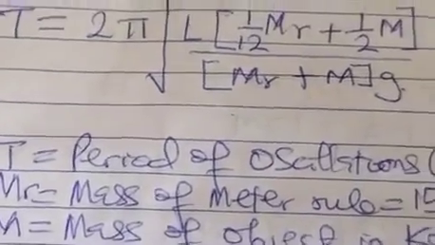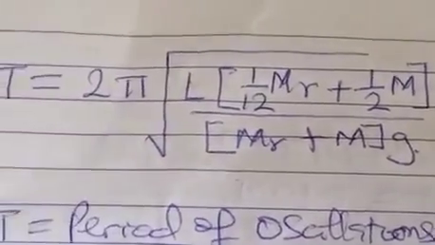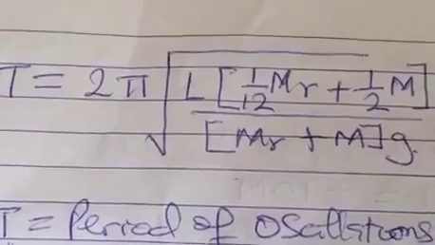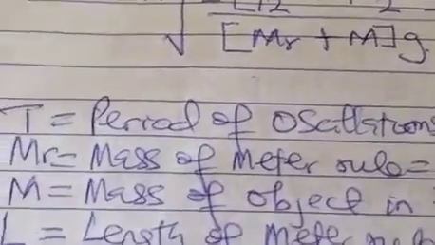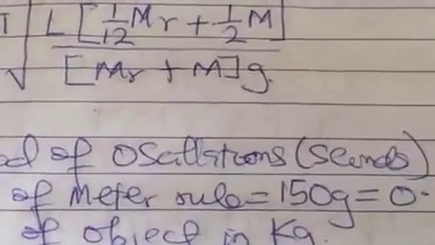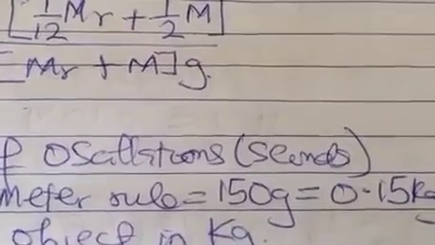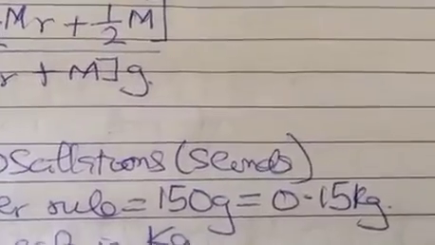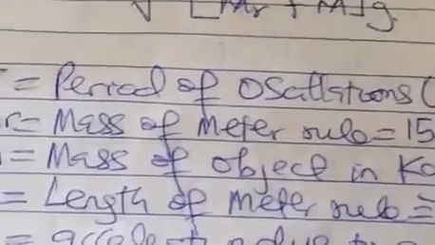So capital T is the period of oscillation in seconds. Mind you, all the values in this formula must be kept in SI units. So T is the period in seconds. MR is the mass of the meter rule, and we're using a standard mass of 150 gram for the experiment. You can use this as well, which is 0.15 kilogram after dividing by 1,000 to get kilogram.